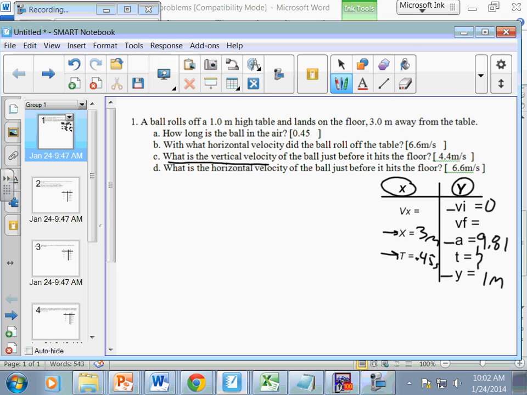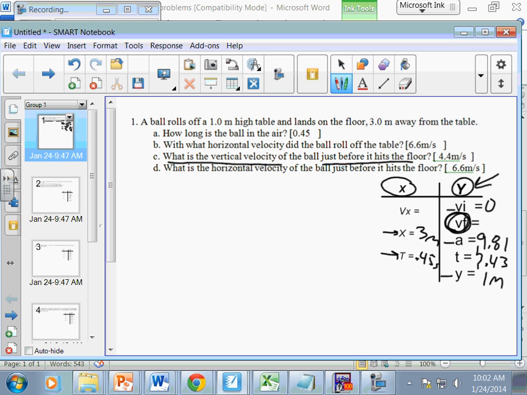All right, C, what is the vertical velocity? So what they're talking about is this, just before it hits the ground, is Vf. That's on the y side. Whenever they talk about vertical, they're talking about something on the y side. So over here, I've got 0.45, I've got 9.81. I've got all the variables except for the final velocity.